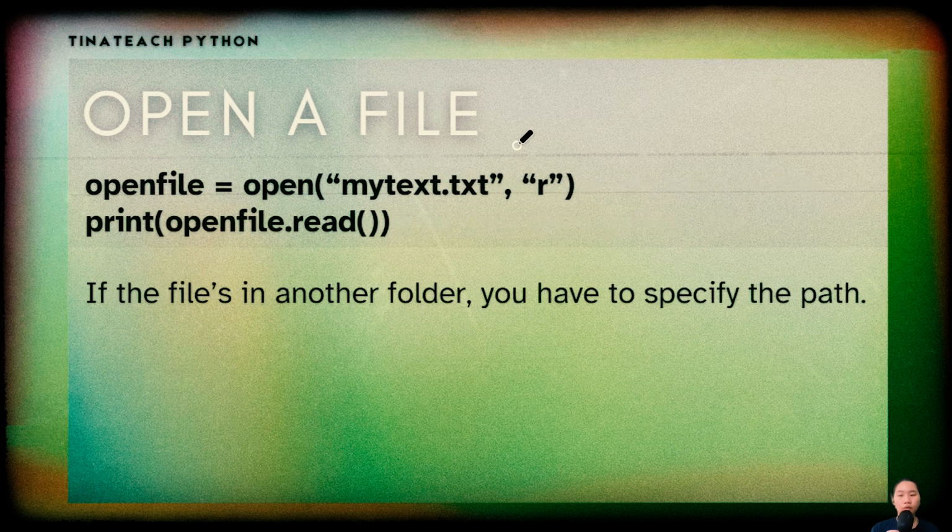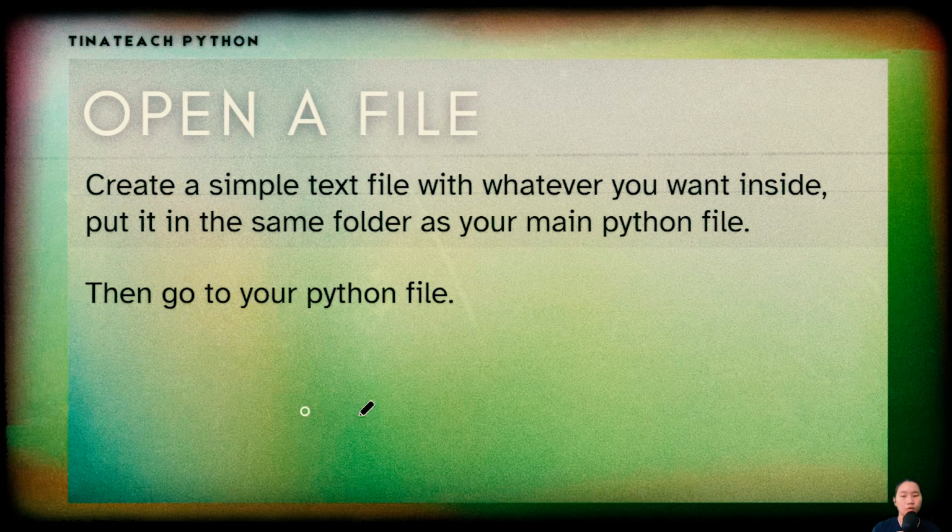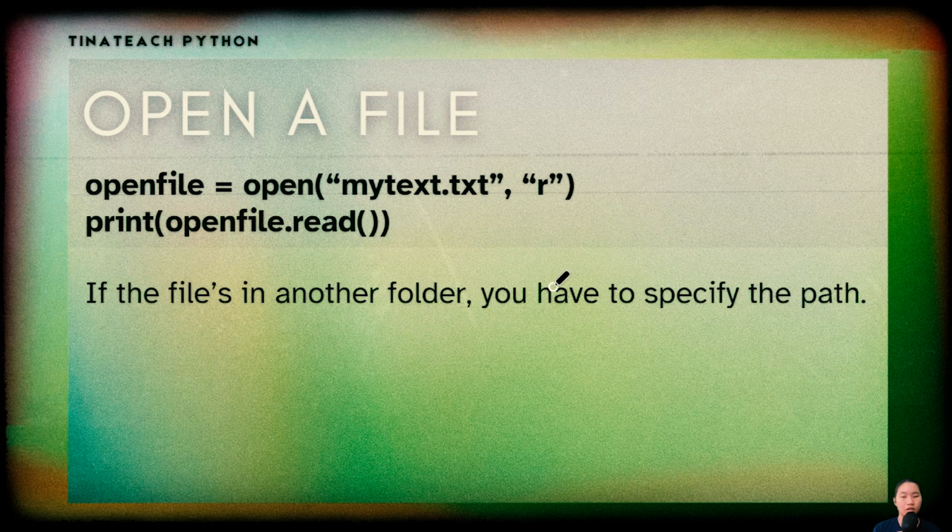For example, let's move on to the main Python file that we will use to experiment with our code. I have a variable open file, open my text.txt. So this file is the one I've created in this step. I'm going to name it my text and then print open file.read.